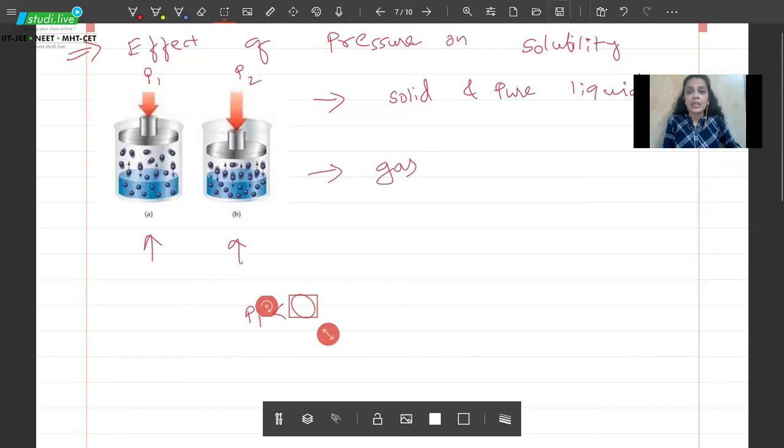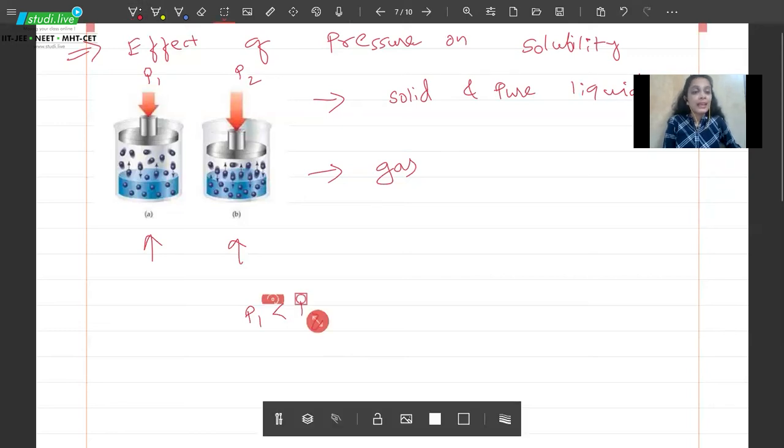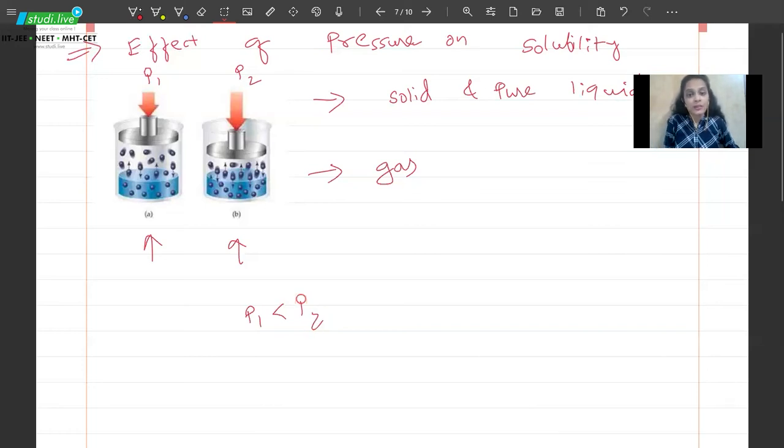If you can see from the diagram, the gas particles are colliding, they are coming together because there is no available space. So they have to get dissolved in the given liquid. So can I say for a gas, if I increase the pressure, solubility is also going to increase.